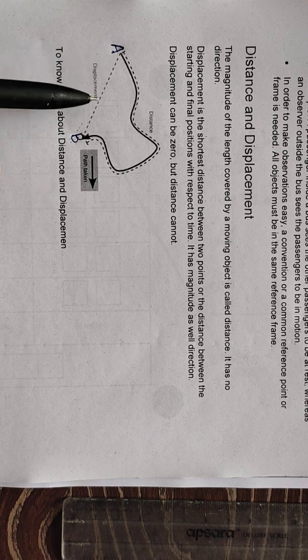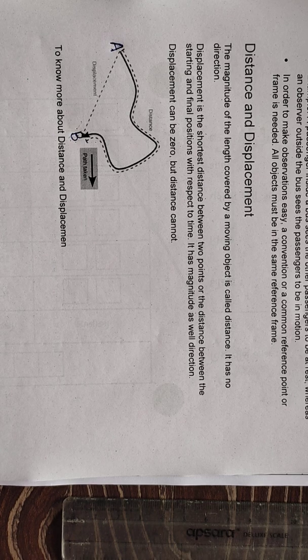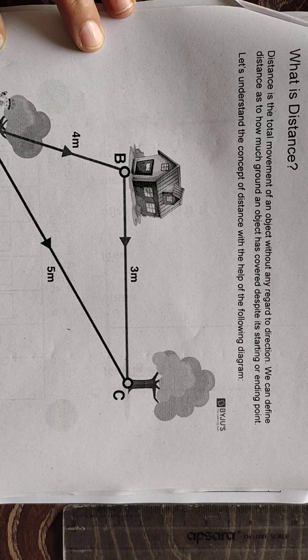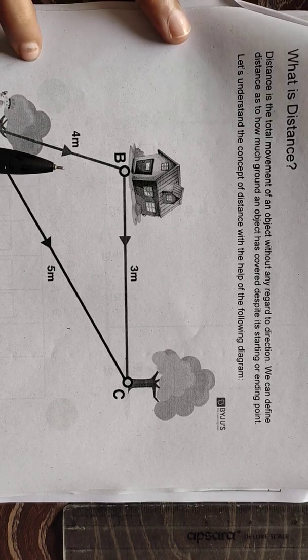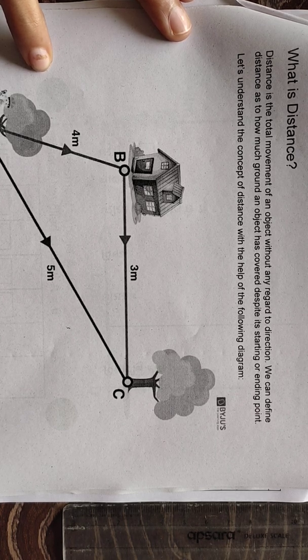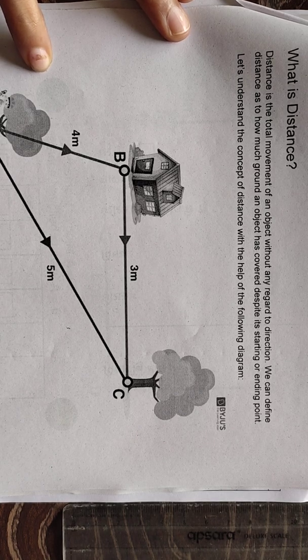So I hope there is a clear difference between distance and displacement. Now if we study distance and displacement in detail, we can do it. As I have said, the displacement can be 0, but distance cannot be 0, right? So let me explain with the help of this example.